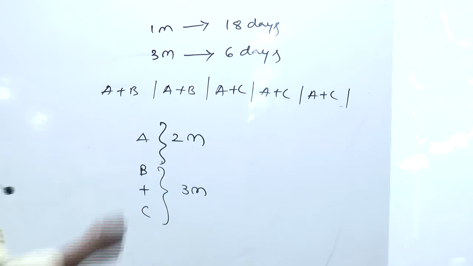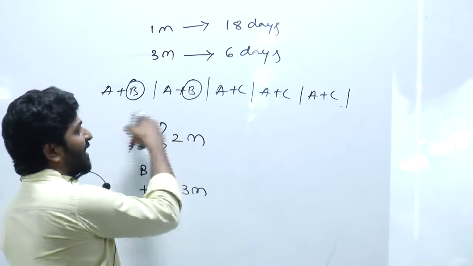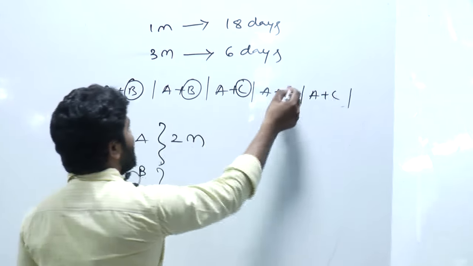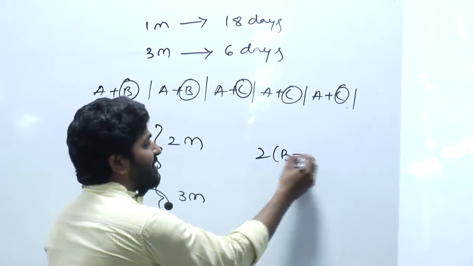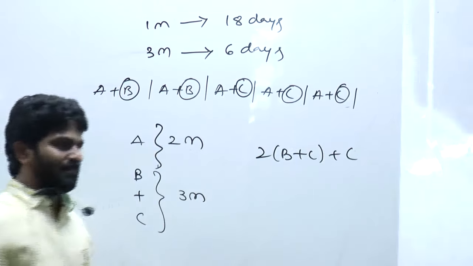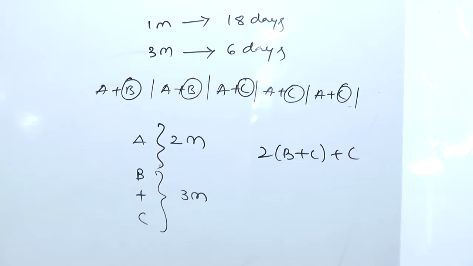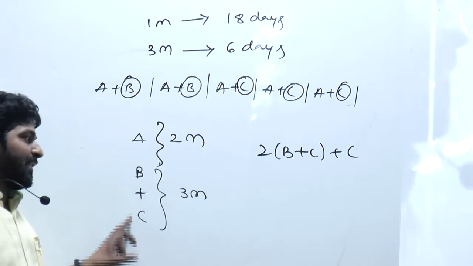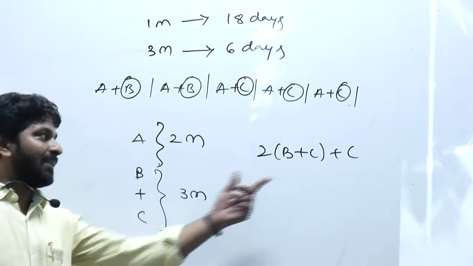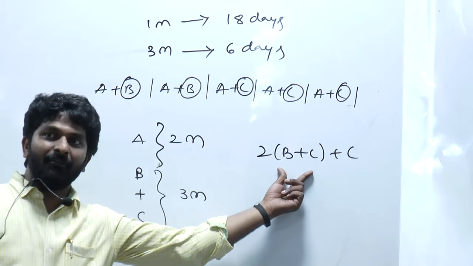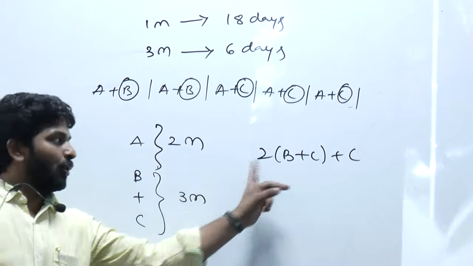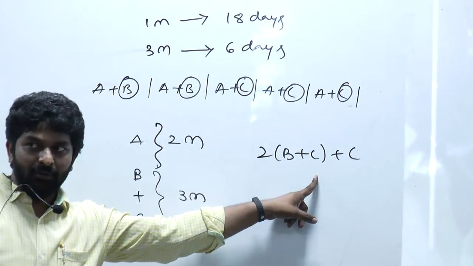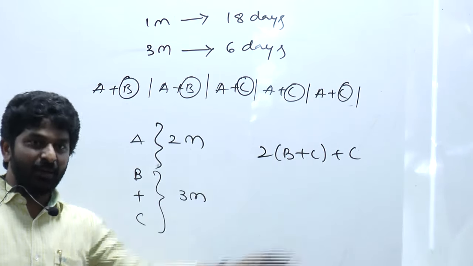Overall, how many B's are here? How many C's are here? So let me write it as 2 into B plus C. B and C together can do 3 men work, so 2 into B plus C is 6 men.